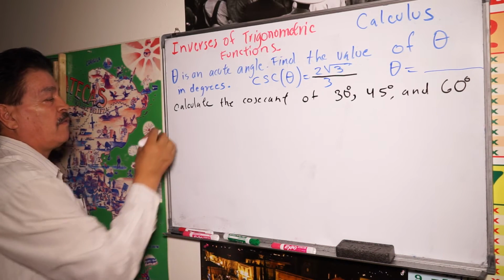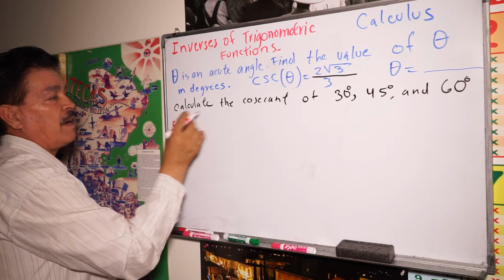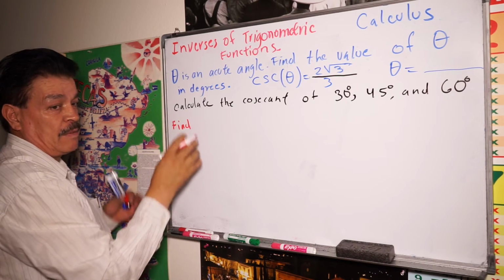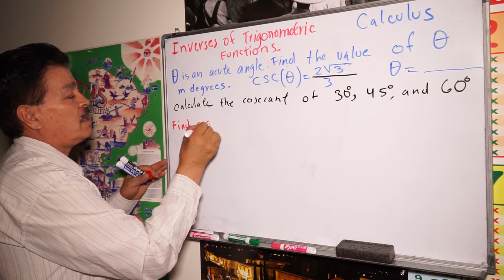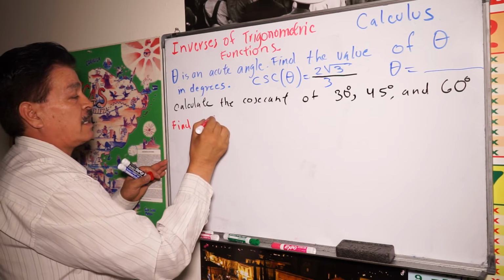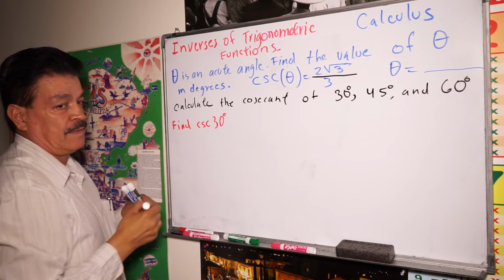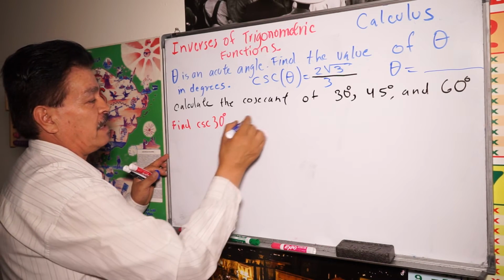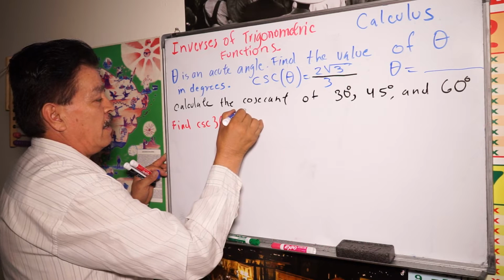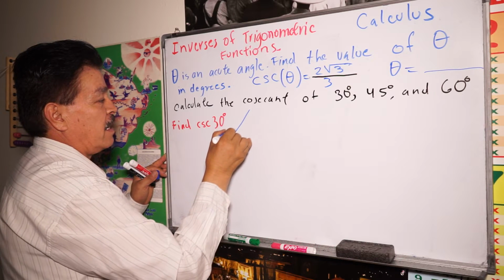The first one: remember the concept, don't forget the concept that I gave you. Cosecant of 30 degrees. Let me show it with a triangle. Let me make a picture of the triangle.